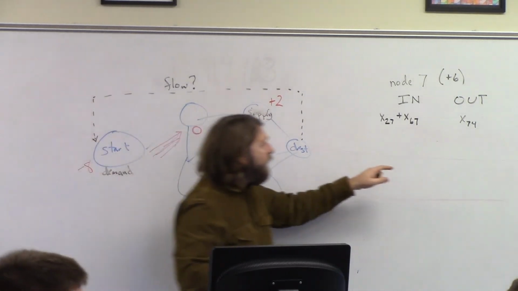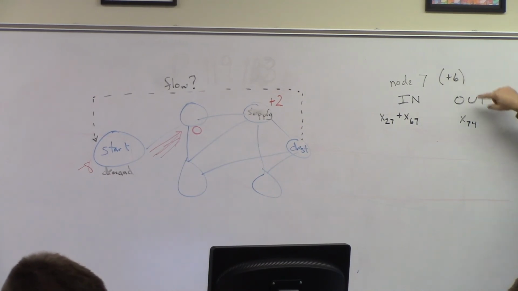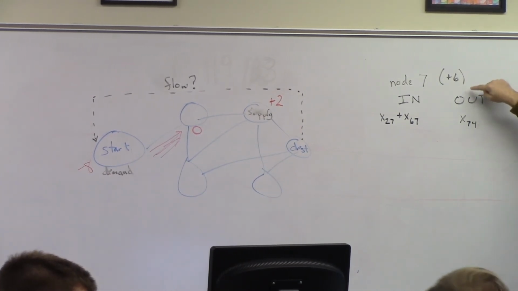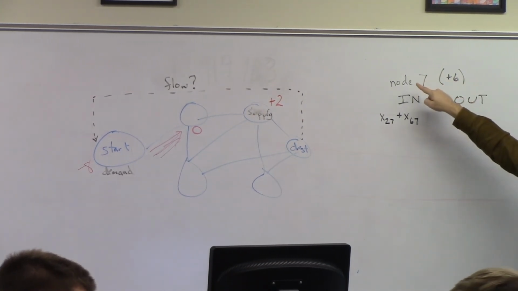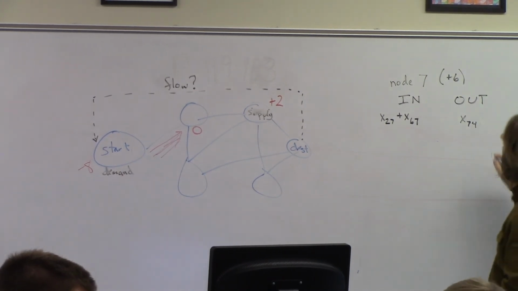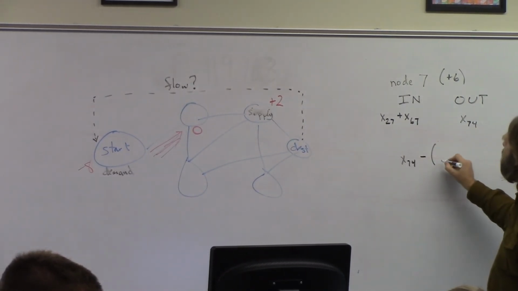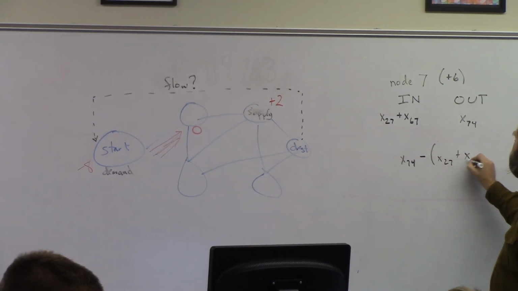And we said that we can send up to 6 more out of here than we receive in, right? So let's do out x 7 4 minus our in, x 2 7 plus x 6 7.